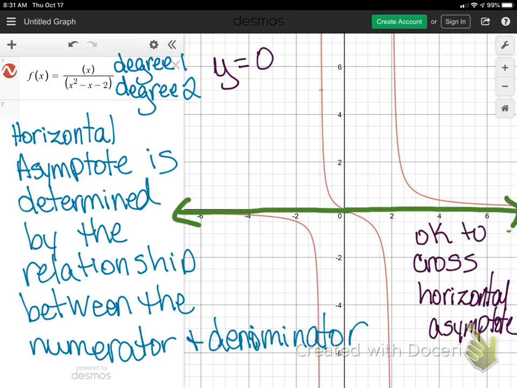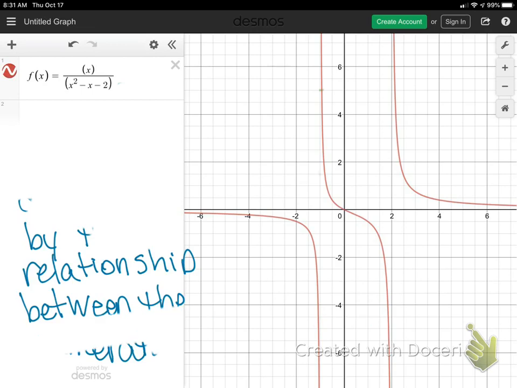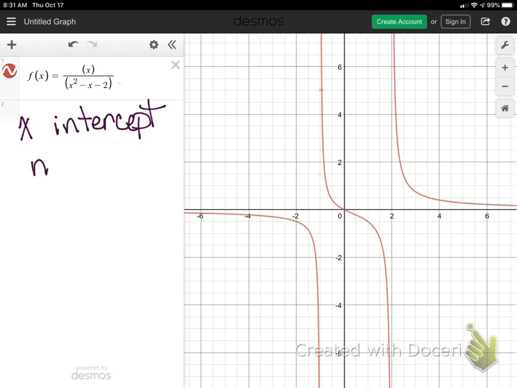Okay. Now, the other thing that I want you to look at is the x-intercept and the y-intercept. Can I erase all this? I find my x-intercept when the numerator equals 0.